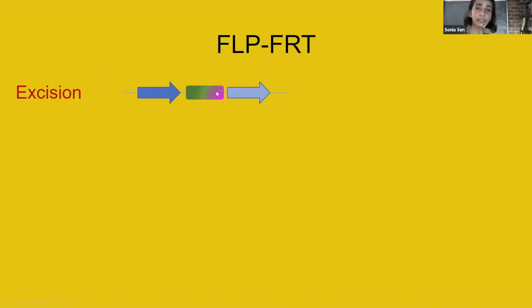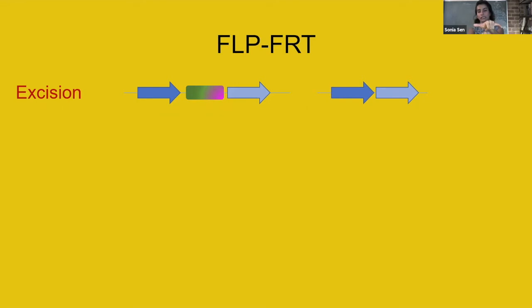Any intervening DNA sequence, which I've put as a green, magenta box, gets excised away when FLIPase acts on these 2, and you end up with just the FRT sites. How that occurs is that there's a loop.